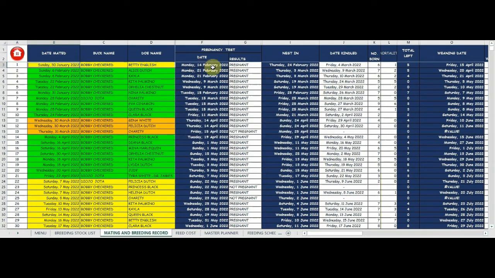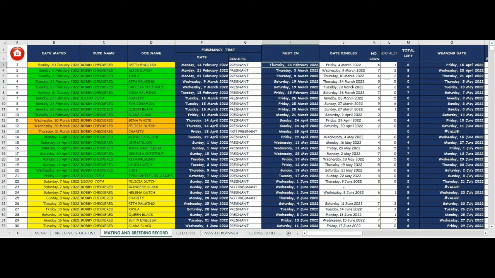Okay, so automatically it shows you that based on your predicted plan on when to test it, it's supposed to be tested on the 14th of February. So once it gets to 14th of February, you test it, whether palpating. I personally do palpating or weight check. So when you check what was the result, pregnant or not pregnant, then you enter. So like pregnant, then you know that once you tag these ones as pregnant.